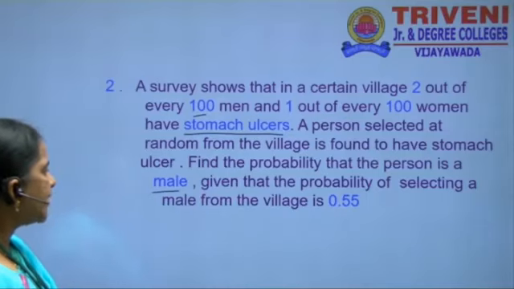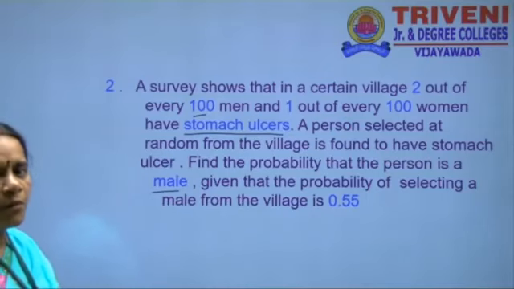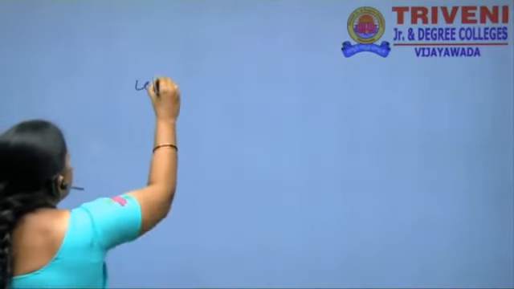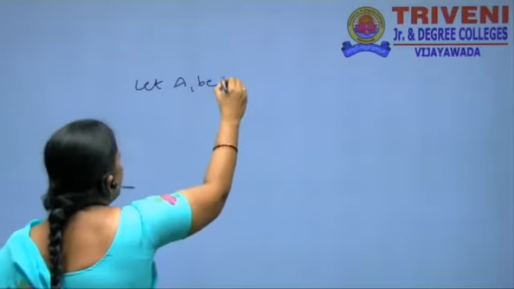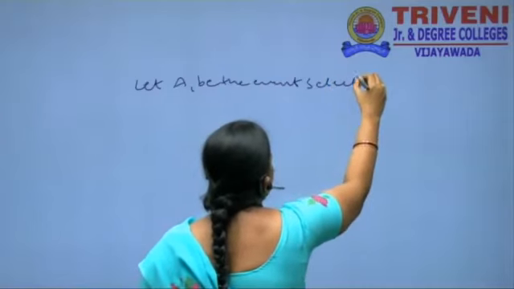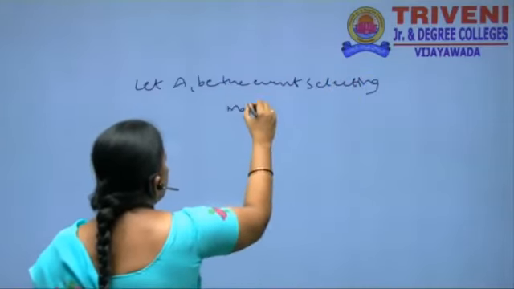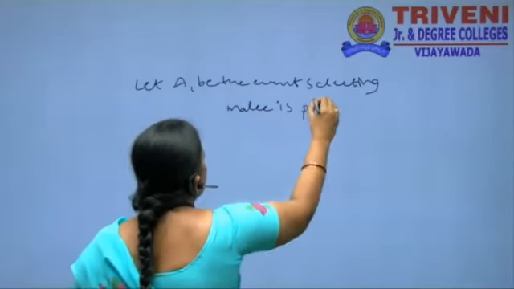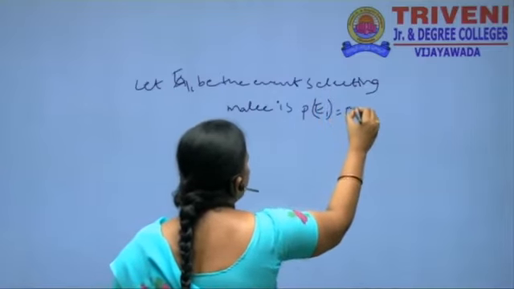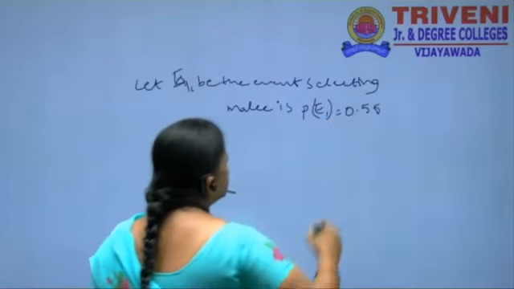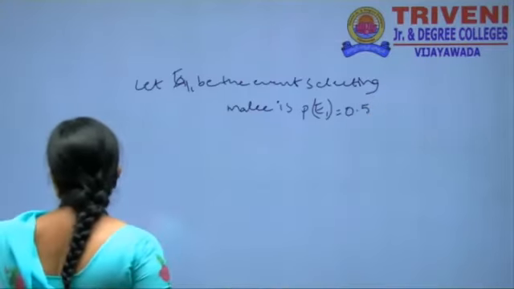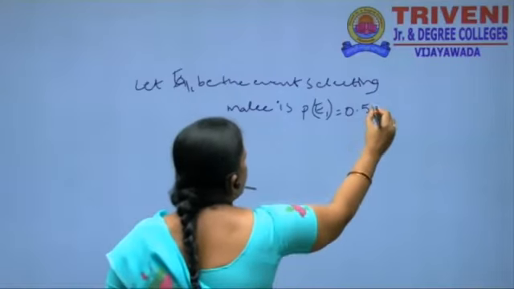The probability of selecting a male from the village is 0.55. Let E1 be the event of selecting a male, so P of E1 is equal to 0.55. Similarly, how many women are there?